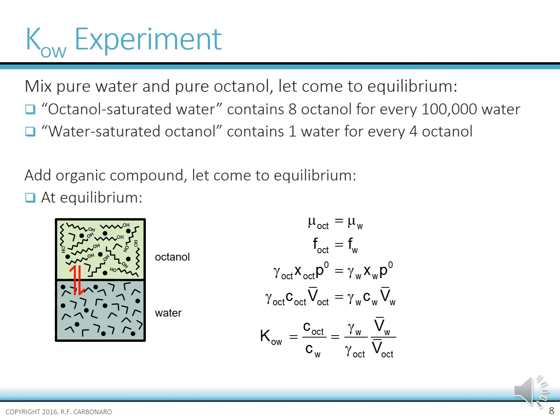And then what we can do is write out the KOW in an equivalent way using the line right above that where we equated the fugacities. We can swap out C octanol over C water by simply writing it as the ratio of the activity coefficient in the water phase to the activity coefficient in the octanol phase, times the ratio of the molar volumes of the water and the octanol phases.